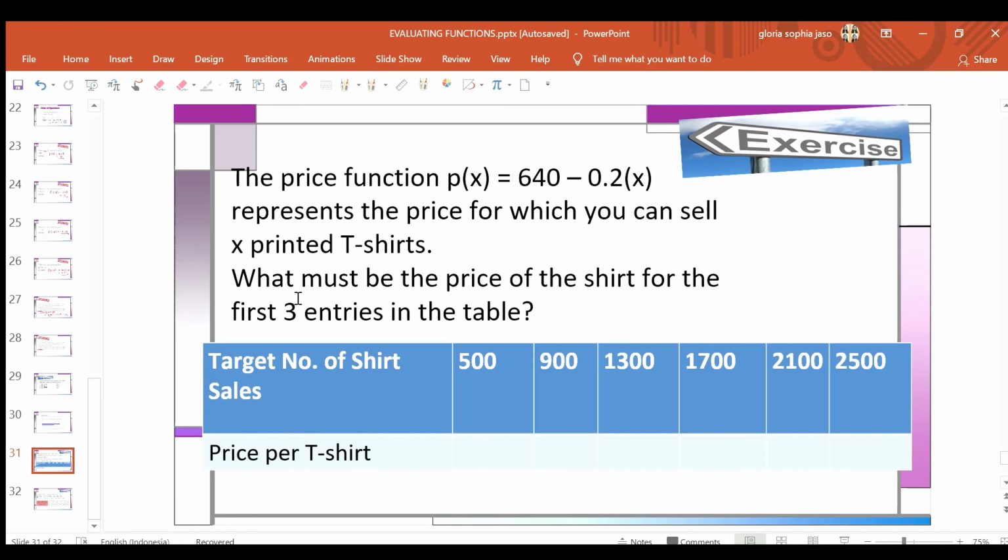Question is, what must be the price of the t-shirt for the first 3 entries in the table? So, magkano kaya yung price ng t-shirt kung 500 yung bibilhin? So, ito class, ginagamit to kapag wholesale. Okay? So, kapag 900 yung t-shirt, magkano na lang kaya yung price ng t-shirt natin?